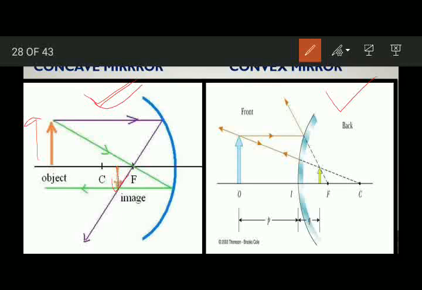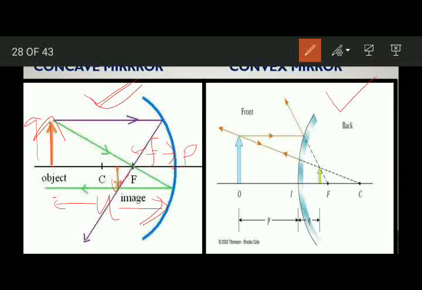Let us understand what is u and v here in this case. First of all, as I have told, the center of the mirror is the pole of the mirror, that is this point is the pole of the mirror. Now, the distance between pole and focus is known as focal length, denoted by small f. Next, the distance between object and pole is known as object distance, which is denoted by small u.